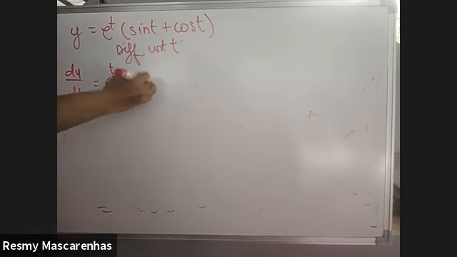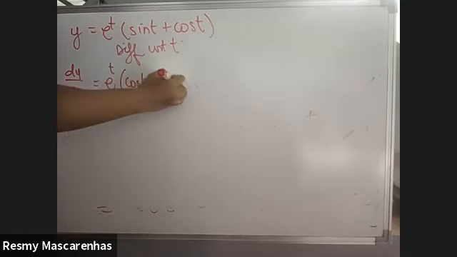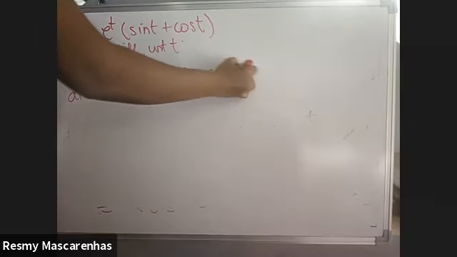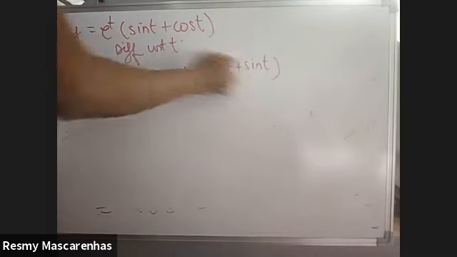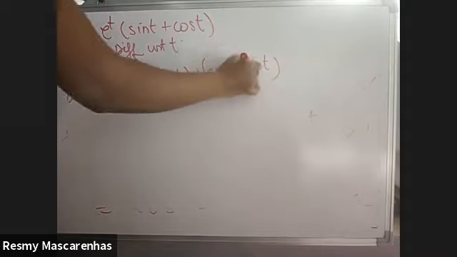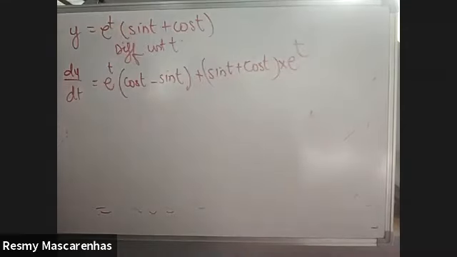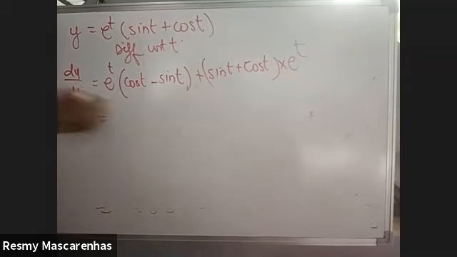So cos t minus sin t plus v into derivative of u. Okay. Again open up the bracket and cancel whatever is getting cancelled.